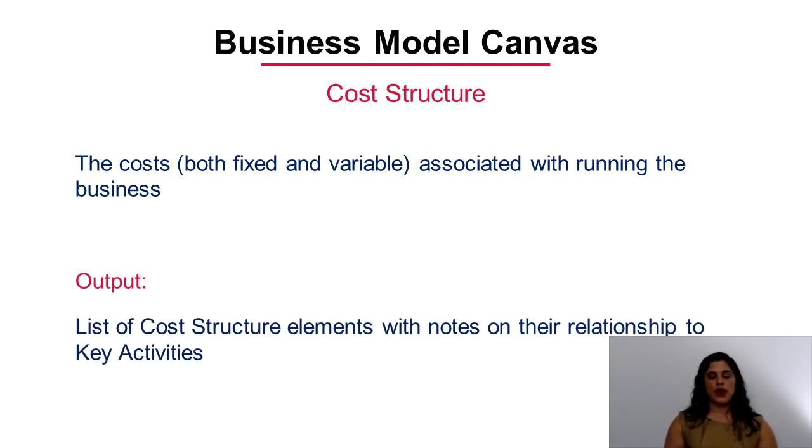So here you want to have a list of the cost structure and their relationship to the key activity. So to be able to perform these key activities, what does it cost you? And is that a fixed or is that a variable cost? It's also worth noting what that scope looks like of how much of your costs are variable versus fixed, and if that's okay, right?